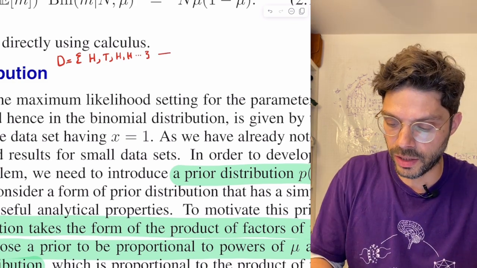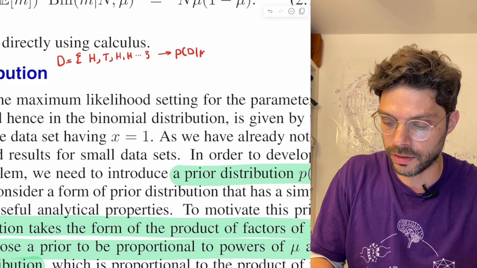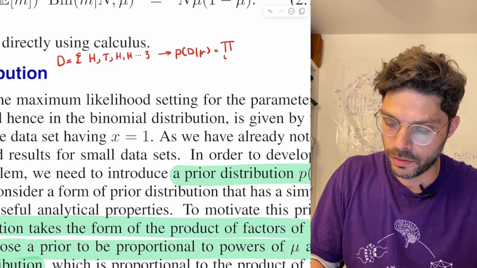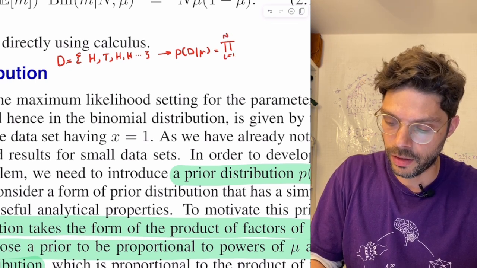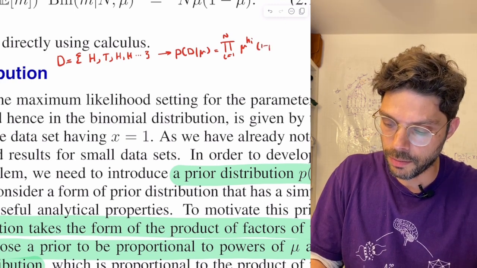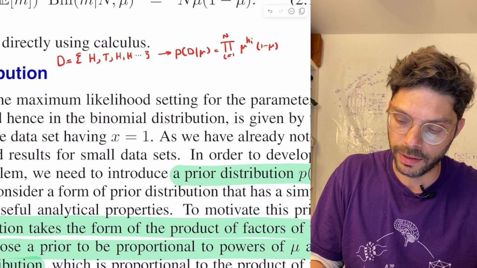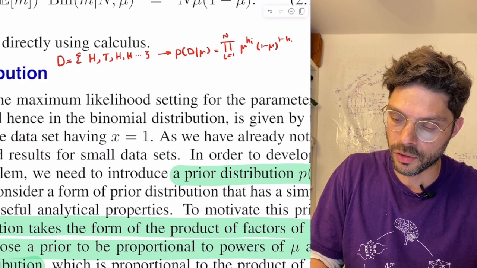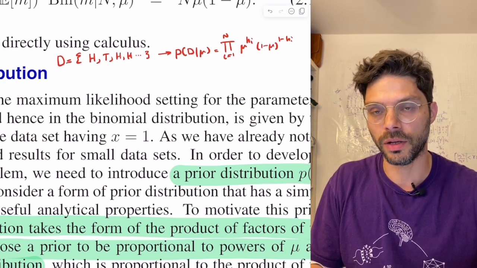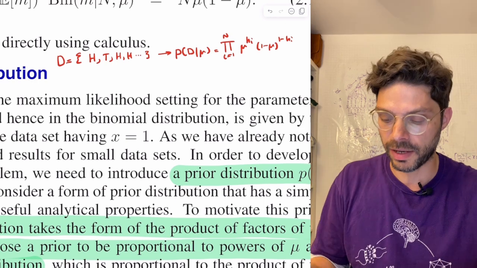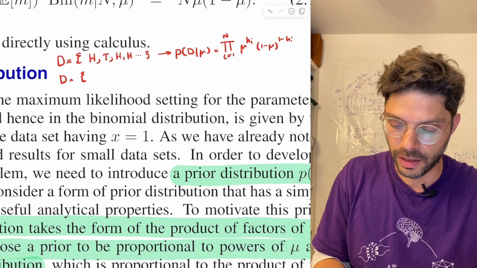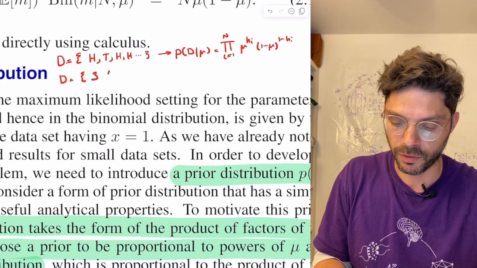In which case the probability of the data, the likelihood of the parameter, is going to be the product over all of these tosses of mu to the h_i, for whether it was heads, times 1 minus mu to the 1 minus h_i, which corresponds to tails. And then we saw that all that matters here is just the number of heads when you do the maximum likelihood.